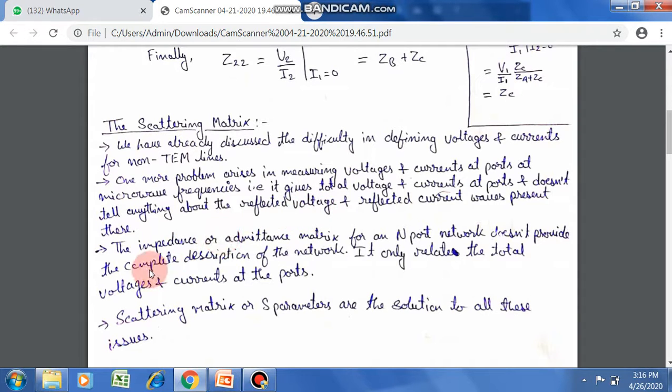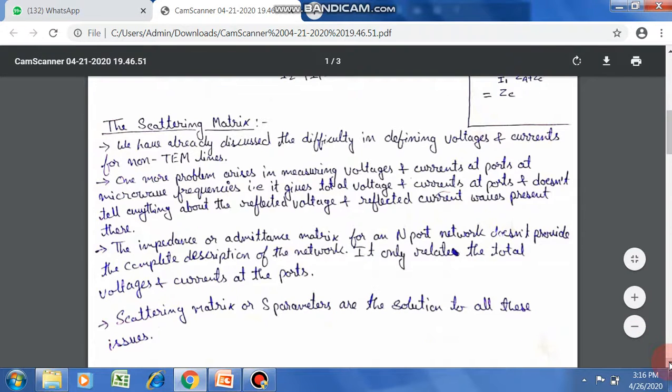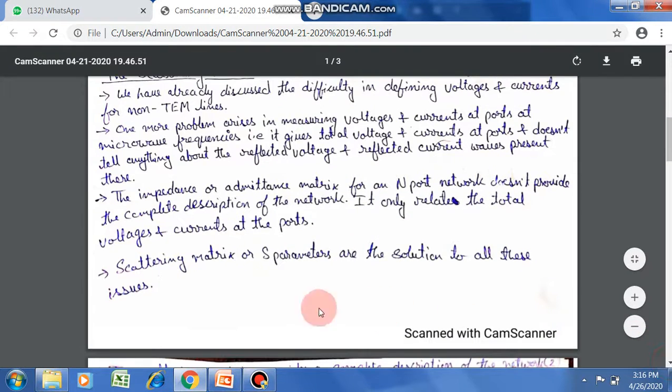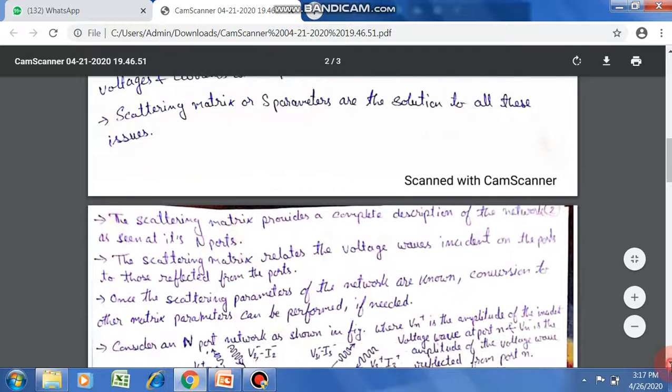So the impedance and admittance matrix will only tell about the network at the ports. But if you want to study the whole network, or how much reflection the network or the port is producing, for that we will need scattering matrices or S parameters.